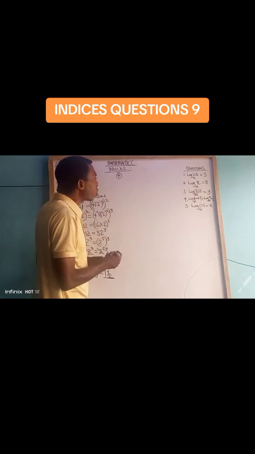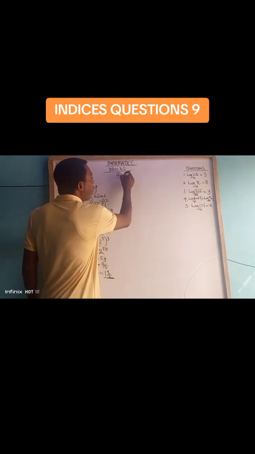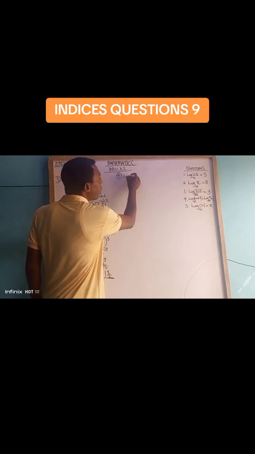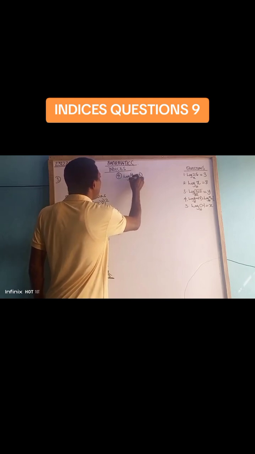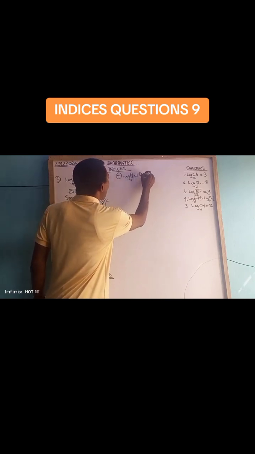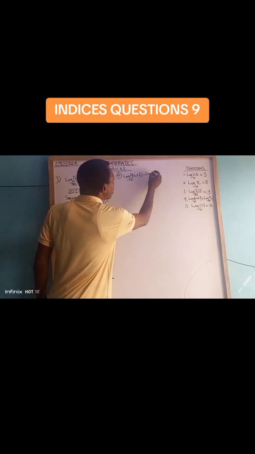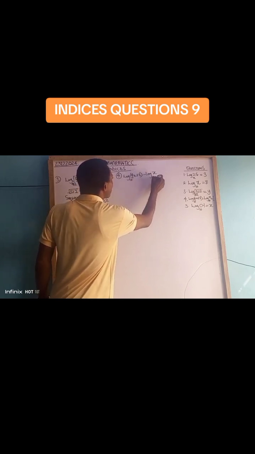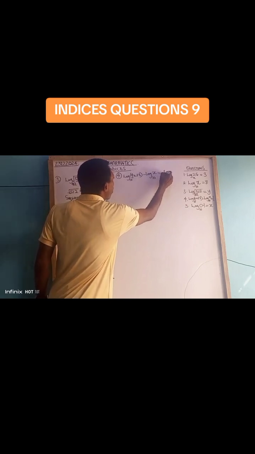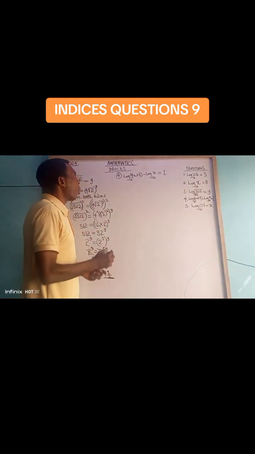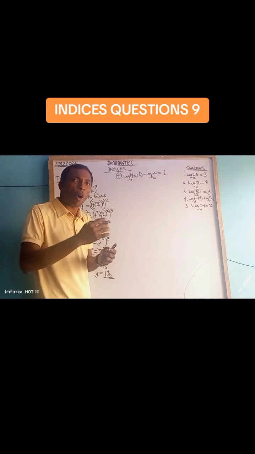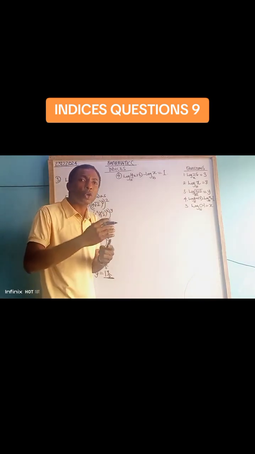The second question there says we have log 4x plus 3 base 10 minus log x base 10 is equal to 1. This is what we have. Then we are going to solve it by the laws or rules that govern logarithms.